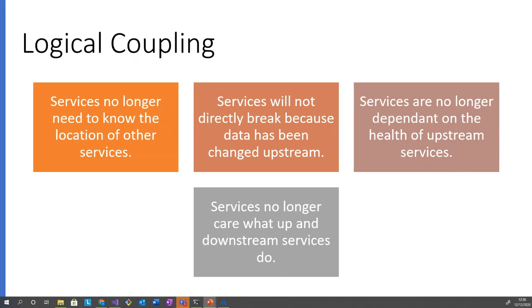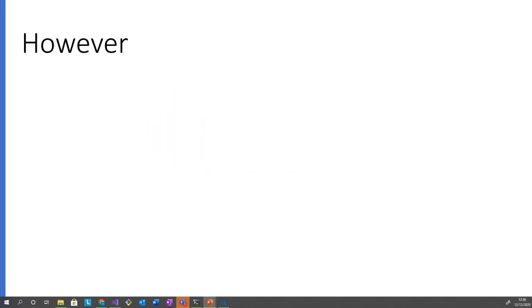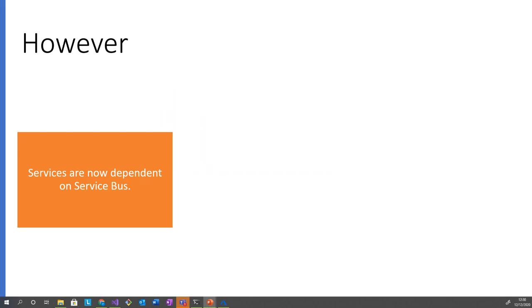And services no longer care what up and downstream services do. So if functionality changes, it's no longer the business of a service that even depends on what that service has done, because it's just listening for a message on a queue. And here are the caveats. Although services are no longer dependent on each other, they are now dependent on service bus. We've spoken about that a little bit.